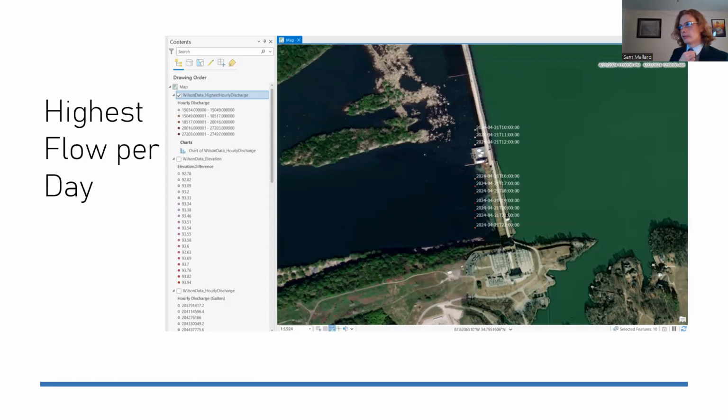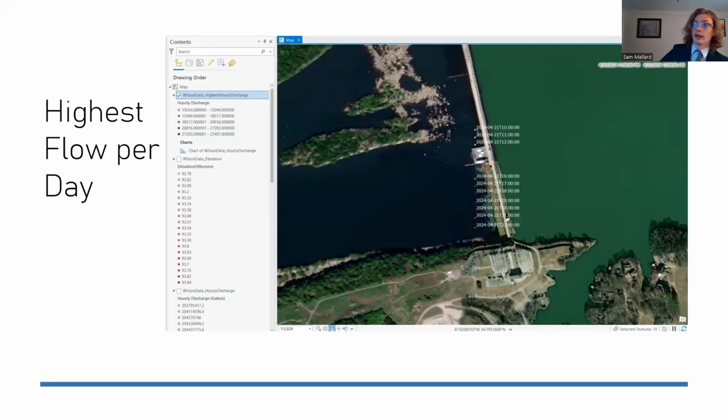It goes all the way to 27,000 cubic feet per second later in the day. So you can see later in the day, they spill more. And it's also important to note that there was no rain on the 24th of April.